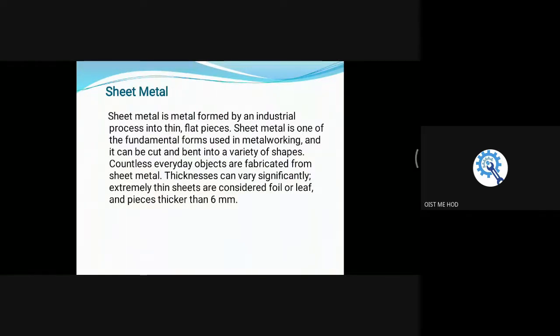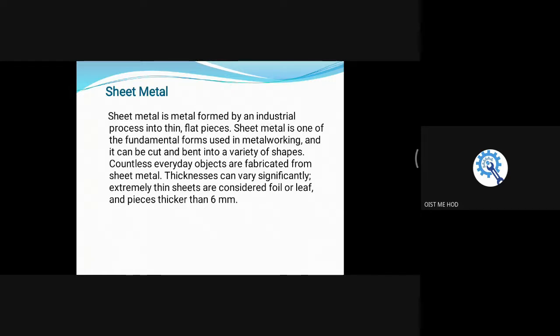Sheet metal is a metal formed by an industrial process into flat pieces. Sheet metal is one of the fundamental forms used in metalwork, and it can be cut and bent into various sizes and shapes.